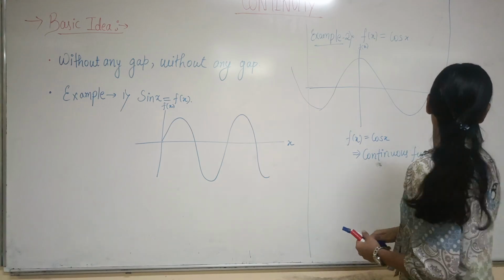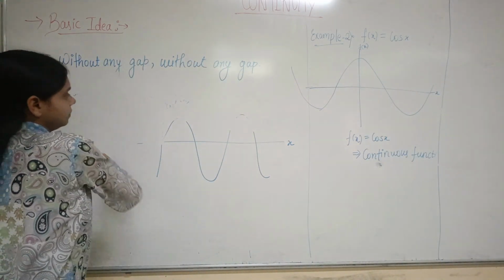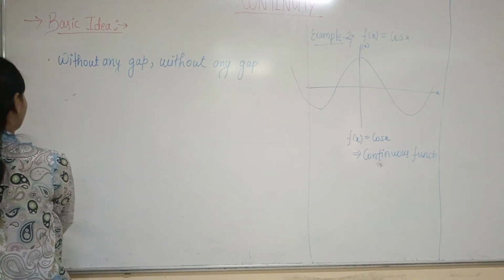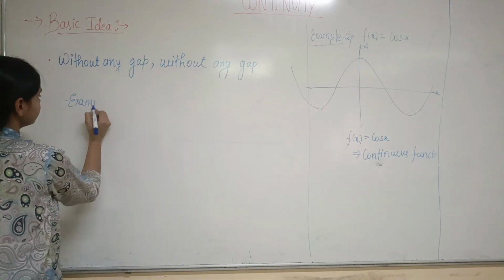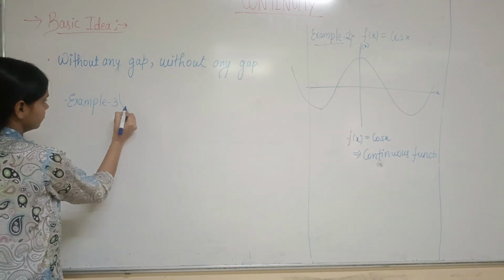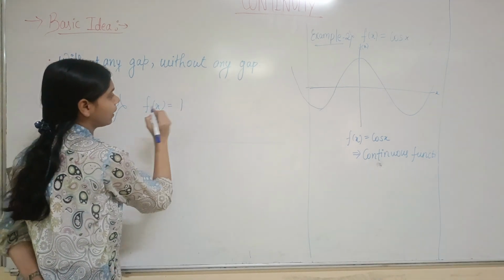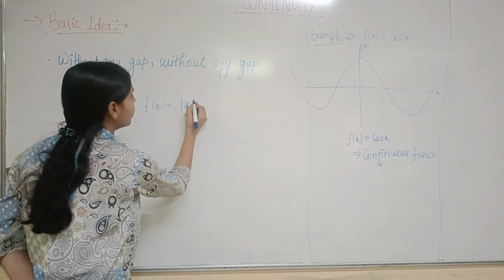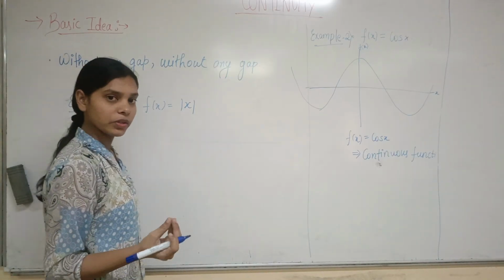Right? Now I can take another example. Example 3. If we take f(x) is equal to mod x, recall chapter number 1, elementary mathematics, right? Mod x, where I already told you the property of modulus of x, right?